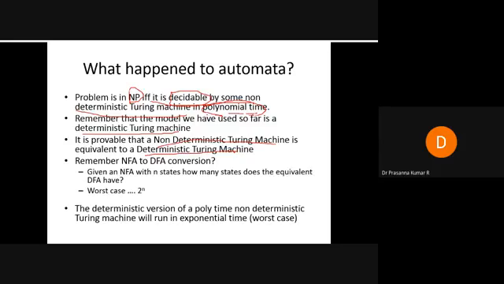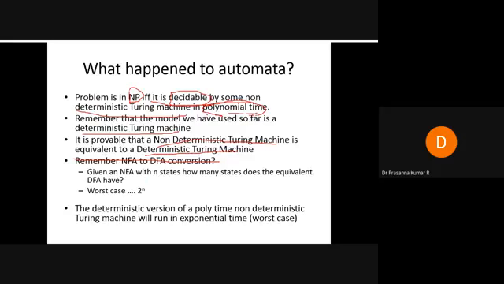Similarly, here also, a non-deterministic Turing machine is equivalent to a deterministic Turing machine. We have converted NFA to DFA, DFA to NFA, and so on. So we can also prove that deterministic and non-deterministic Turing machines are one and the same.